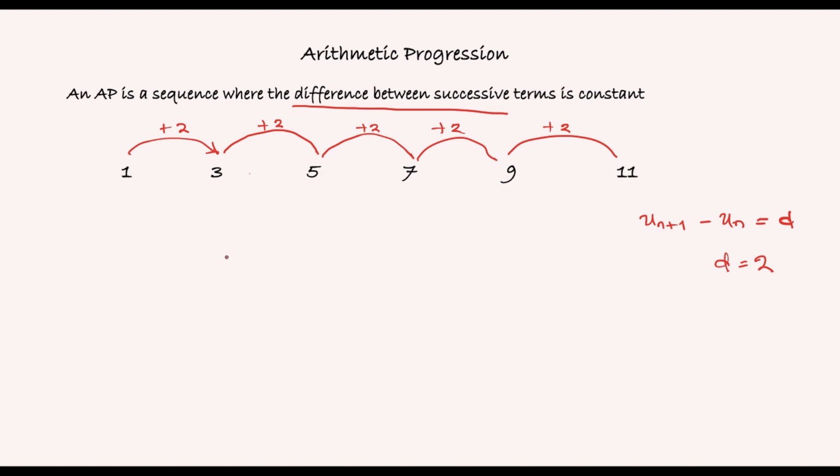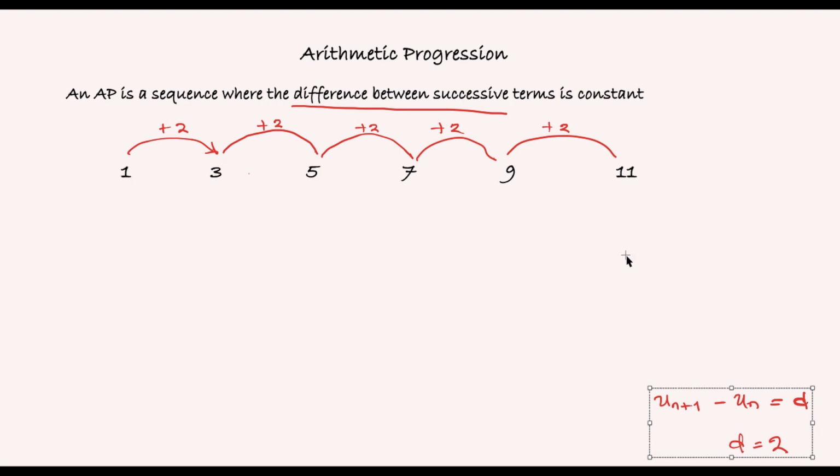Now, let's use this knowledge to write a generic formula for our arithmetic progression. So if we have 1 here to be the first term of our sequence, we represent our first term as a, and d is our common difference. Now, we know that our first term here is simply 1.